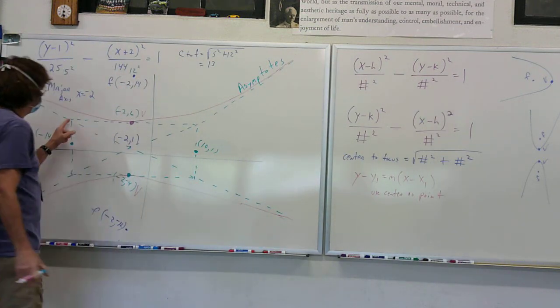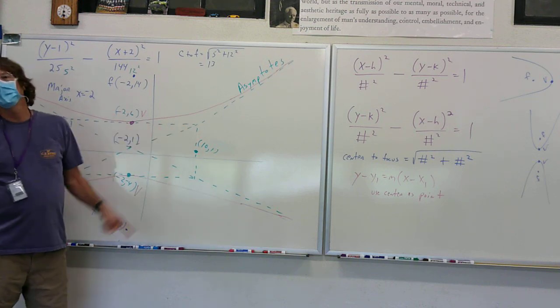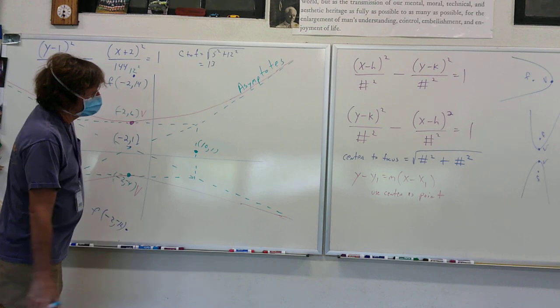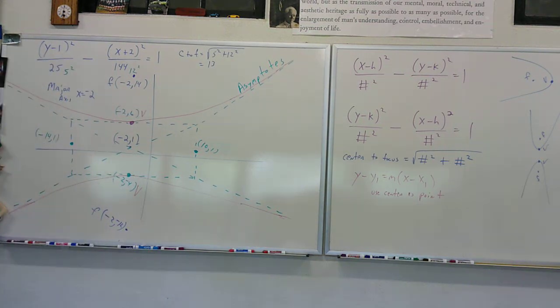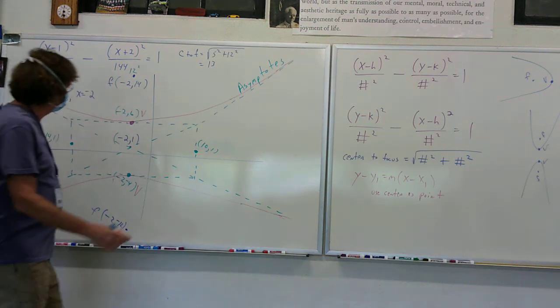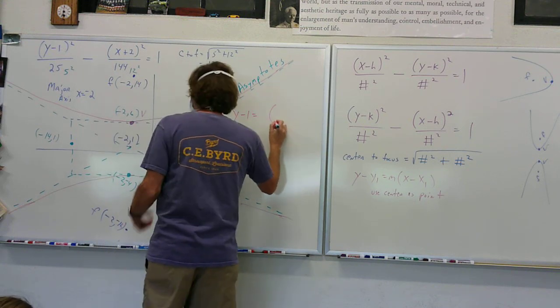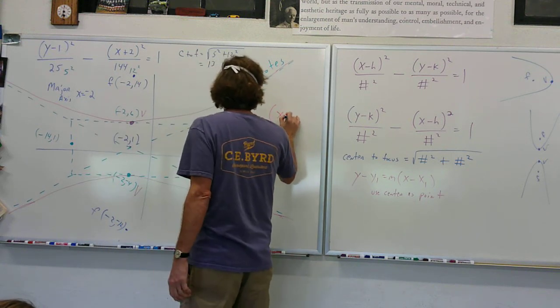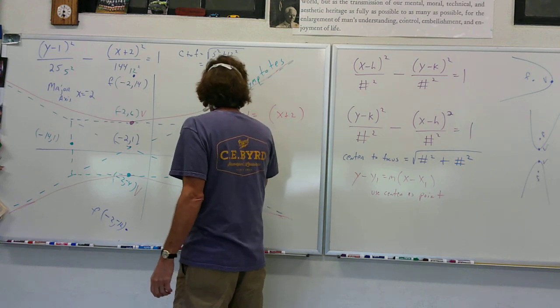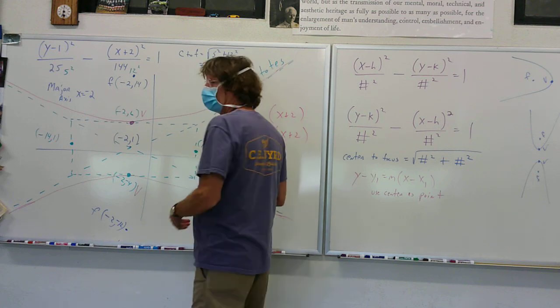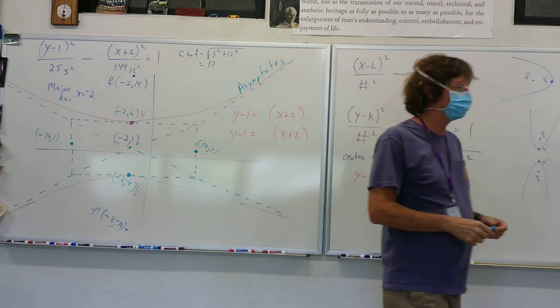You can figure out what this value is, or you can use the center. It makes it easy. So we're going to use the center. Go over here. Y minus 1 equals blank, x plus 2. And there's 2 of them, so let's write it twice.